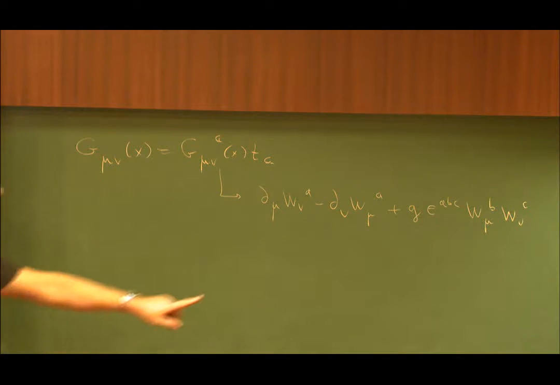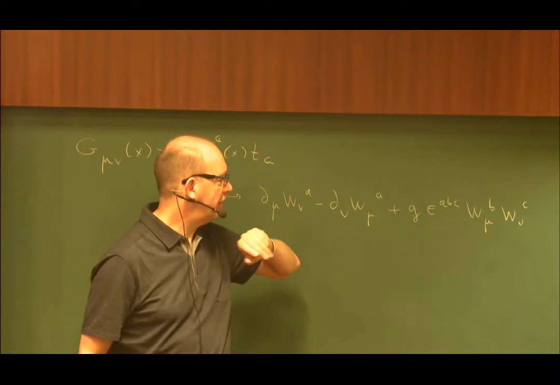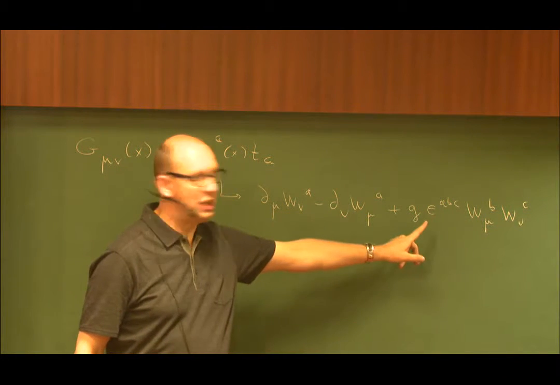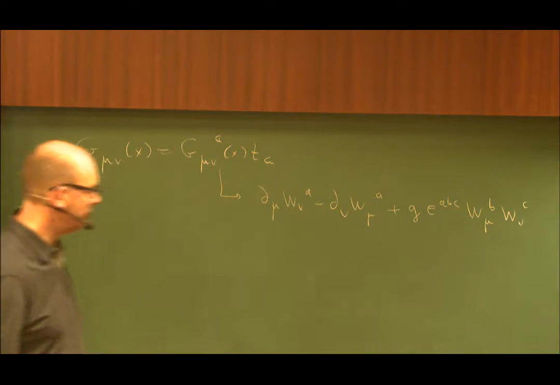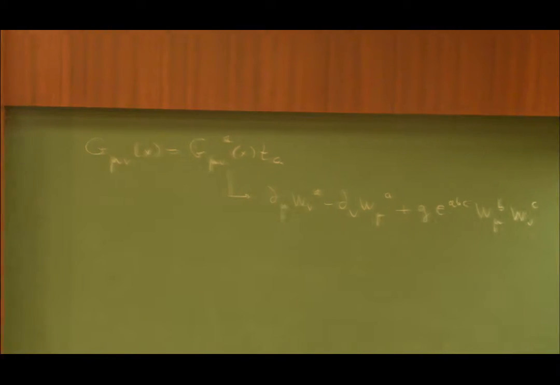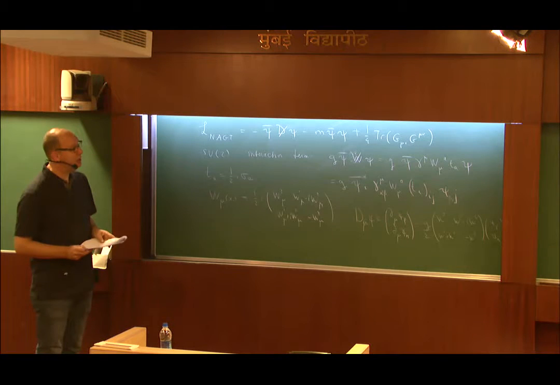Of course, the epsilon is very typical for SU(2). Can anyone tell me, is there any other group that would have the same field strength tensor? SO(3), right, has the same structure constants. Very good. So, certainly having this picture in mind to see what a Lie algebra valued field really looks like in components can be useful sometimes. Okay, so this gives a bit of a concrete look at what the general non-abelian gauge theory looks like.